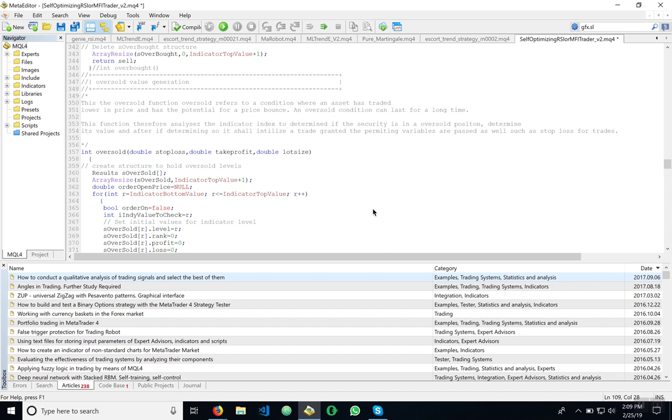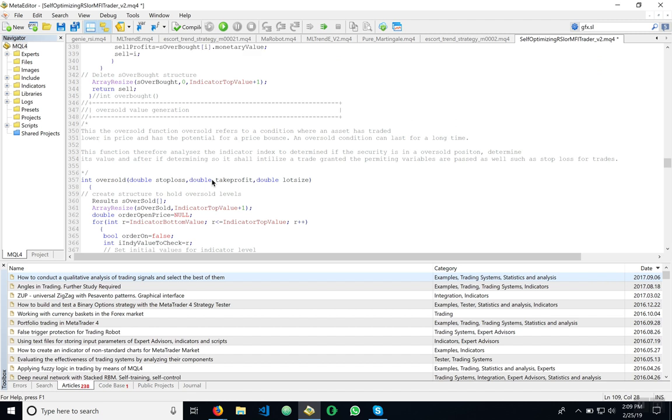Now, this moves on to the oversold value generation. This is similar to the overbought function. However, it looks at the oversold condition, which refers to a condition where an asset is traded lower in price and has the potential for a price bounce. And this function follows criteria similar to overbought. And if the security is in an oversold position, it determines its value.